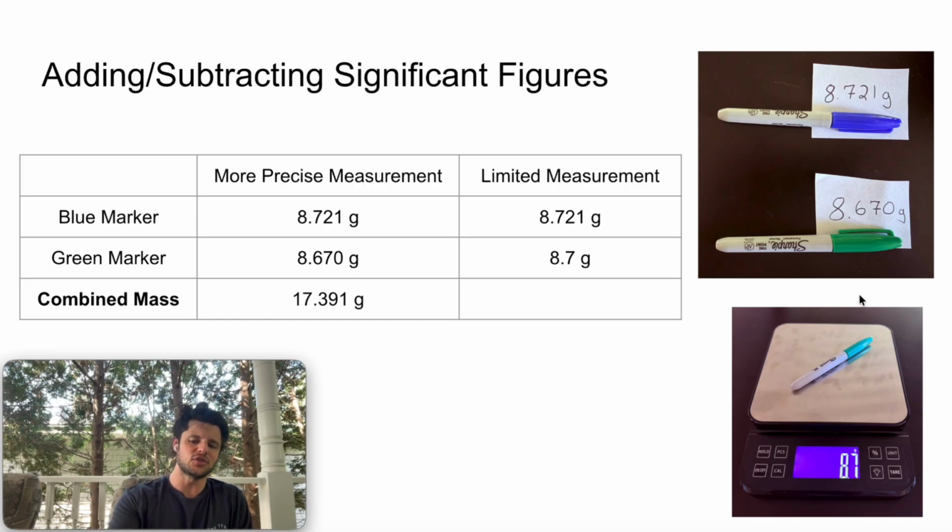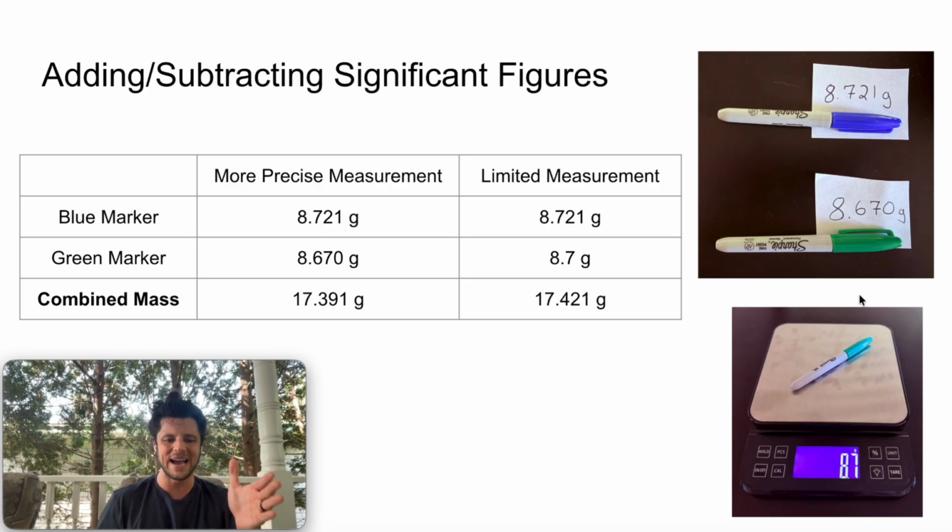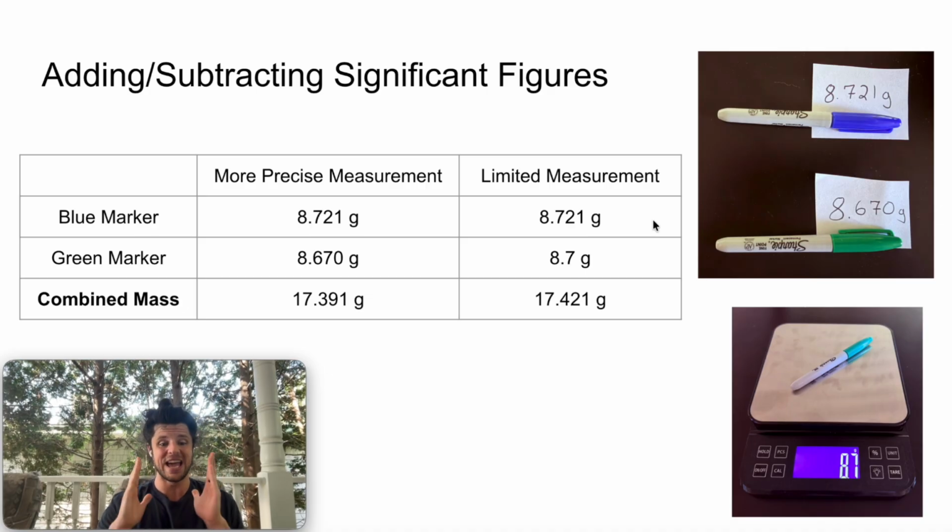So now if I try to add these two numbers together, I get a different number than the combined mass when I added my two more precise measurements together, right? 8.721 grams plus 8.7 gives me 17.421 grams. Now I know that the real and exact and more precise combined mass of those two markers is 17.391.